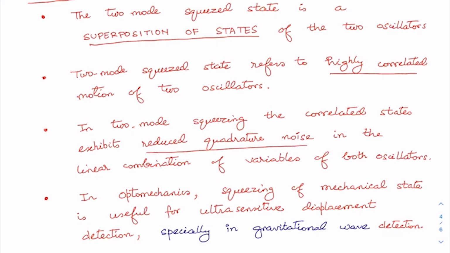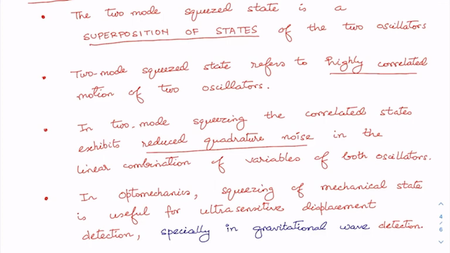For example, in optomechanics, squeezing of a mechanical state is useful for ultra-sensitive displacement detection, and this is particularly useful for gravitational wave detection, because as you know, a gravitational wave is a very weak signal, and if a gravitational wave has to perturb a movable oscillator, then we should not have any other noise.